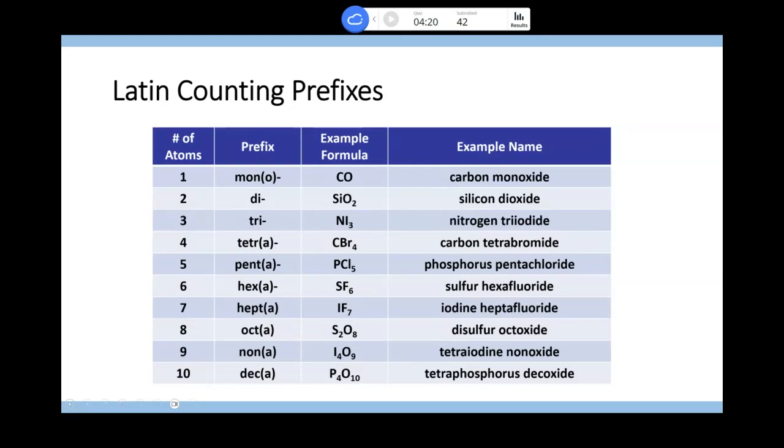So we do use the A when the next vowel is the I, but if it's oxygen and the vowel is the O, then we drop the A. So this is, instead of nona oxide, just non-oxide. Is it the only case we use? That's the only case I've come across so far for when the next vowel is an O. Would you accept the first part too, if oxygen was the first atom? Except for iodine. Yeah, except for iodine.